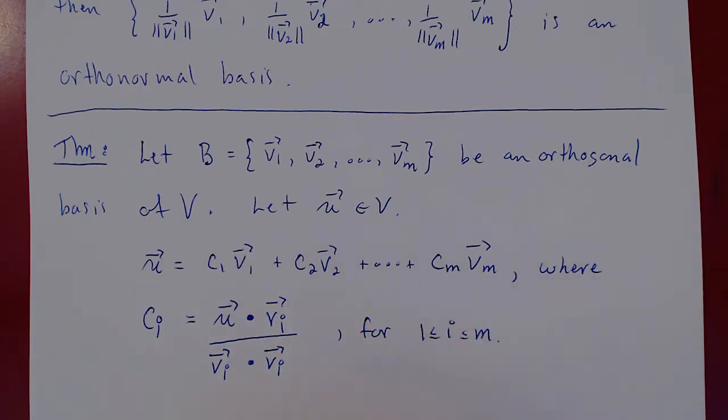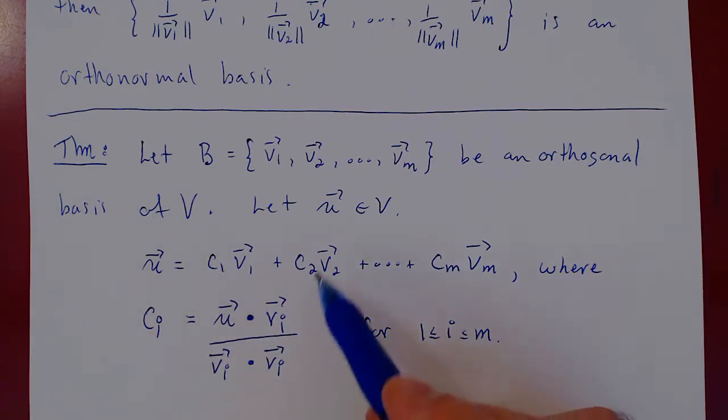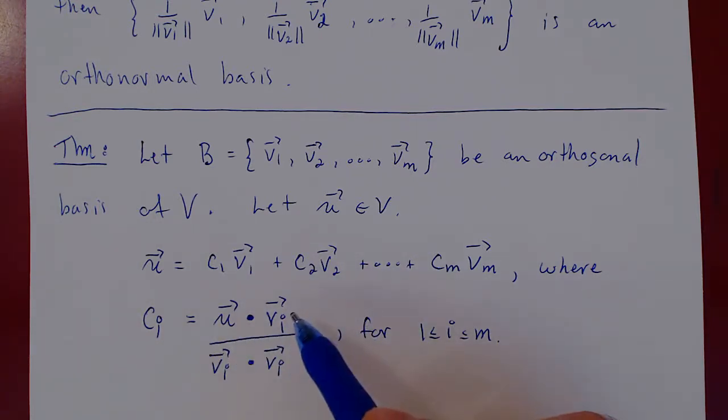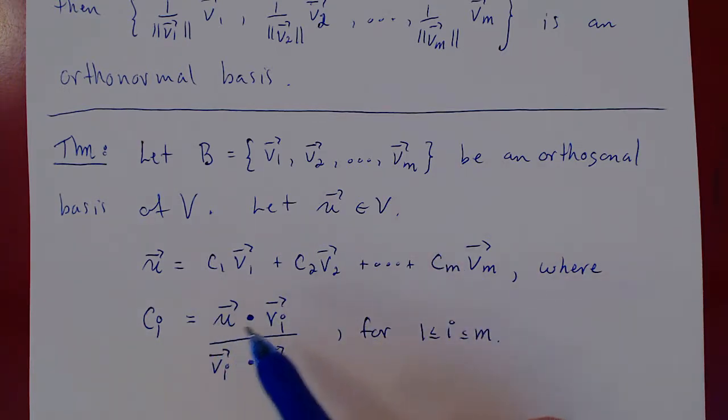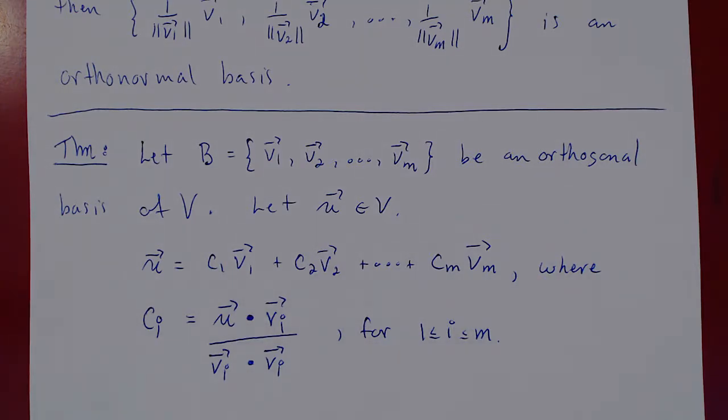So c1 would be u dot v1 over v1 dot v1, c2, u dot v2 over v2 dot v2, up to cm, u dot vm over vm dotted with vm. And that's it. Much more efficient than solving the linear system.